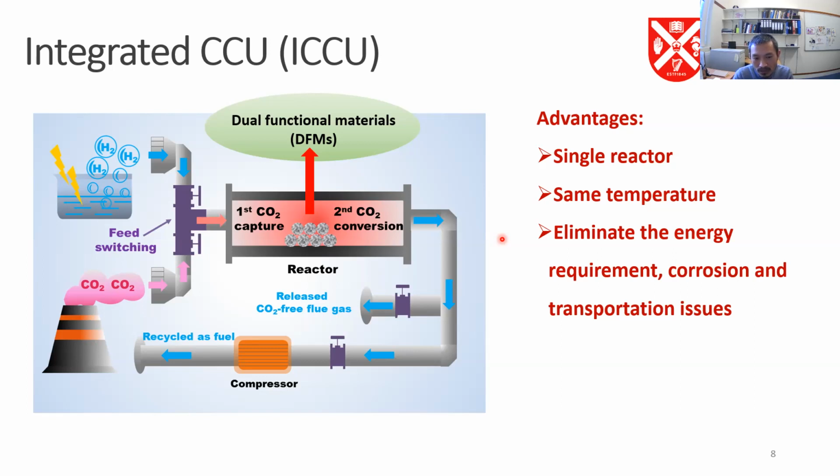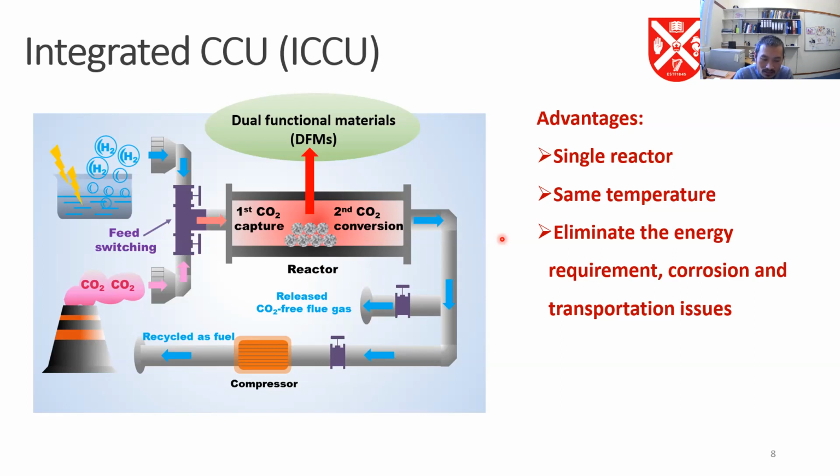And in most of the cases, the fluidized bed will be used because the materials can be transferred between two reactors. So if we use this concept, ICCU, we can use one reactor, a fixed bed reactor, to simplify the process. And most importantly, if we reduce the reaction energy for solvent regeneration, we also reduce the energy input.